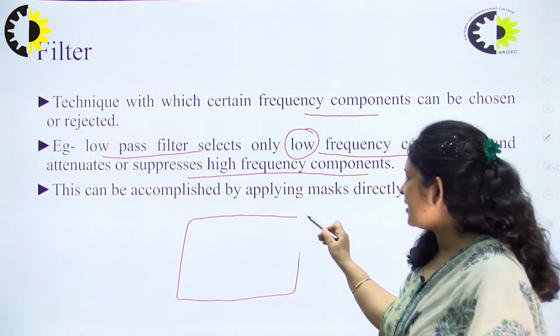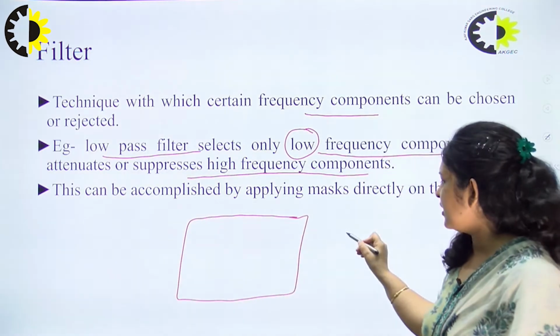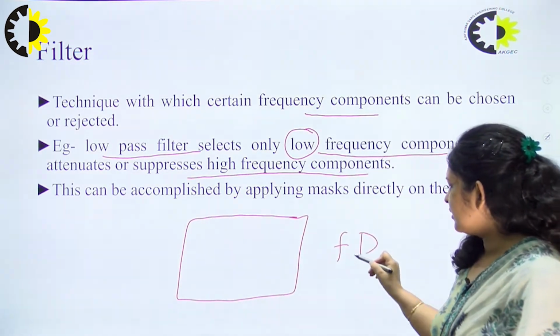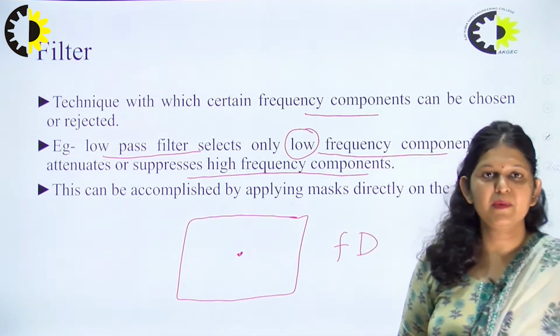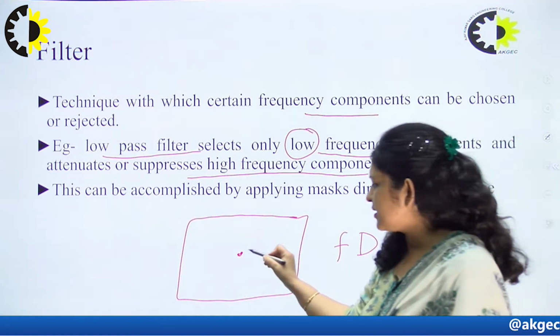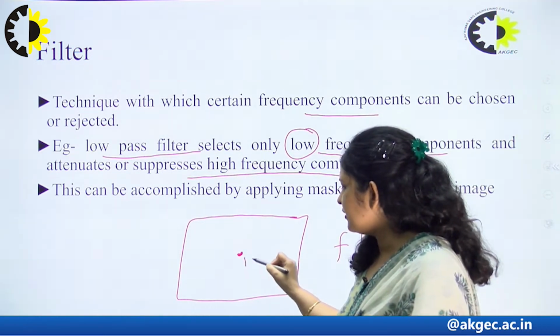Say this is my image in the frequency domain. We have the center of this particular image in the frequency domain. This is the DC component.